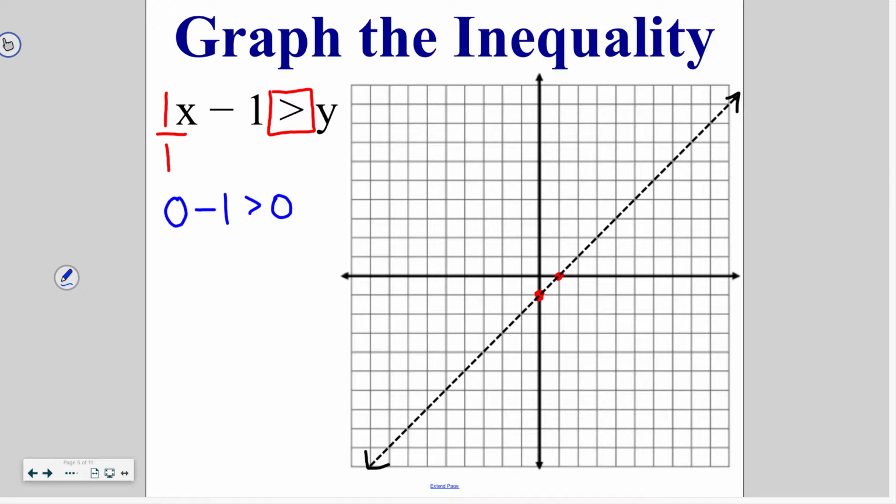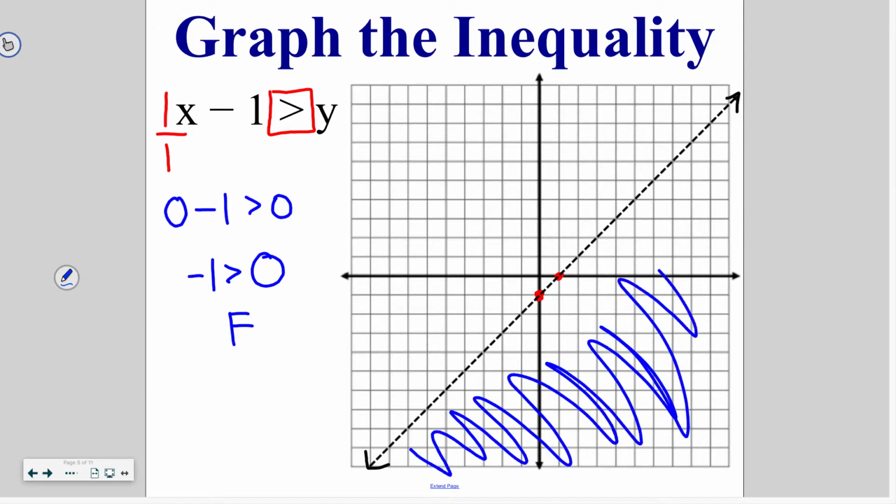So when I do 0 minus 1, I get -1 is greater than 0. That is false. So because it is a false statement, I'm going to go ahead and shade in on the side without (0, 0). So that means every single point on the right side of that line is a possible answer to this problem.